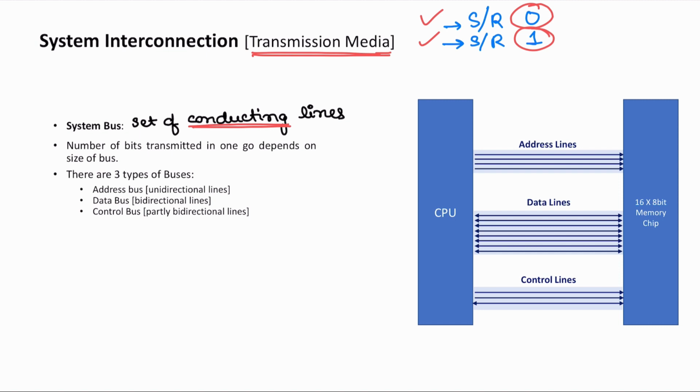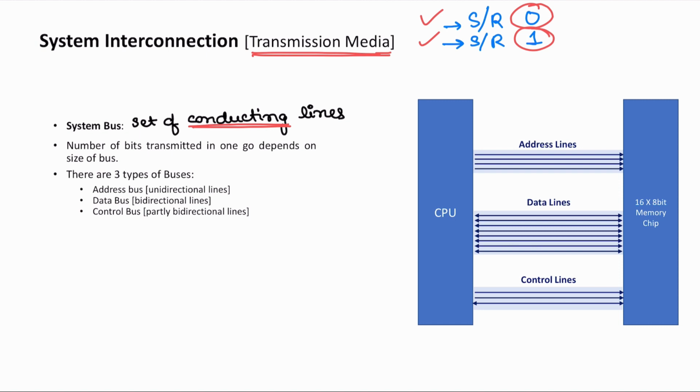So we can assign these two states as 1 and 0. For example, if we assign the state where current is flowing through the line as 1, then when current is flowing we say the line is transmitting a bit of information with value 1.